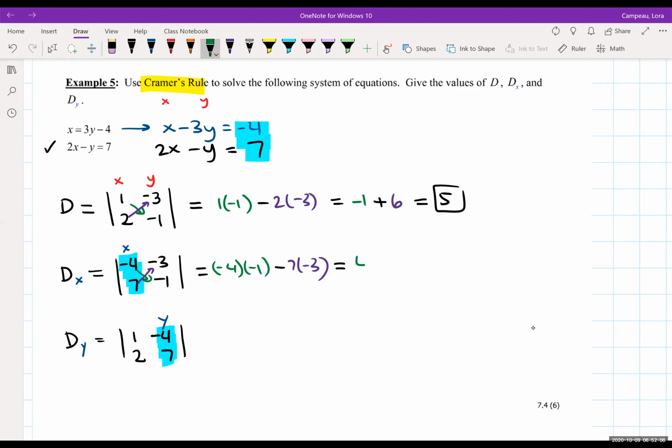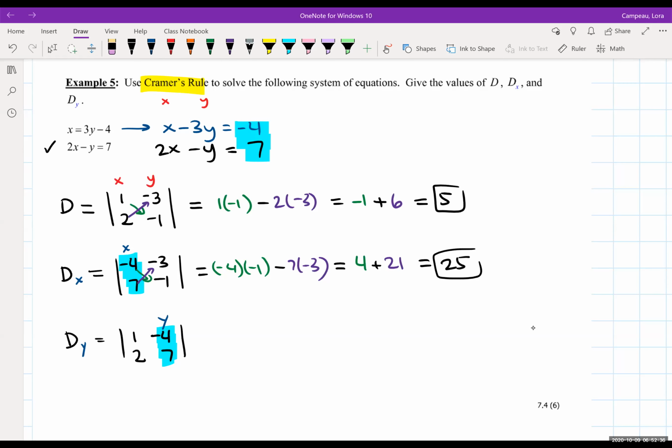We have +4 plus 21, which will leave us with a 25. So that's our D sub x. And I'm only circling them. The work will help me out, but they are specifically asking us to give the values of those determinants, not just the solution.